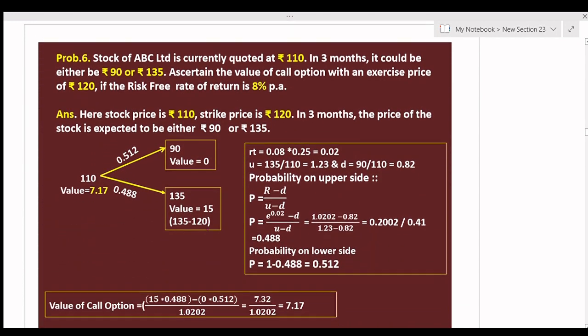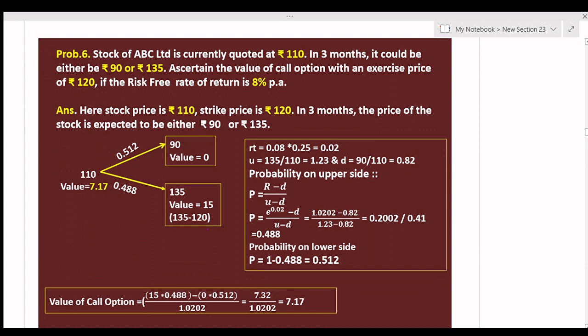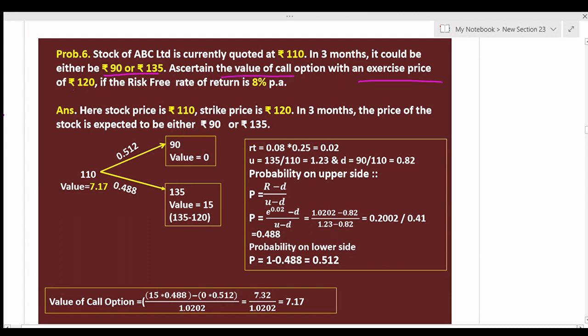Next problem. The stock of ABC Limited is currently quoted at rupees 110. In 3 months, it could be either 90 or 135. Ascertain the value of a call option with an exercise price of rupees 120 if the risk-free rate of interest is 8% per annum.